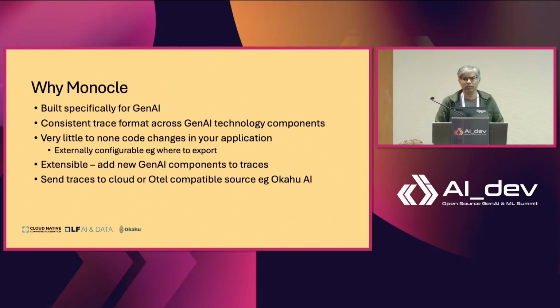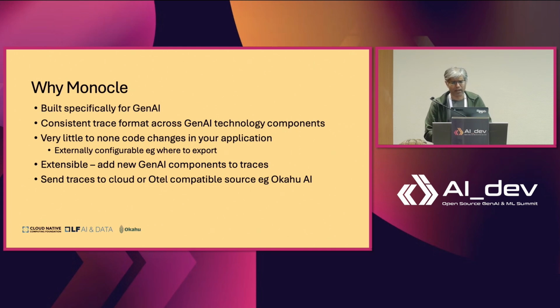That's one of the reasons why, as a community open source project, the goal of Monocle is to generate a consistent standard format for all GenAI applications. The Monocle community will continue to collaborate with others to make sure all the popular new frameworks or libraries that come in are covered by Monocle, and you see the same consistent format.